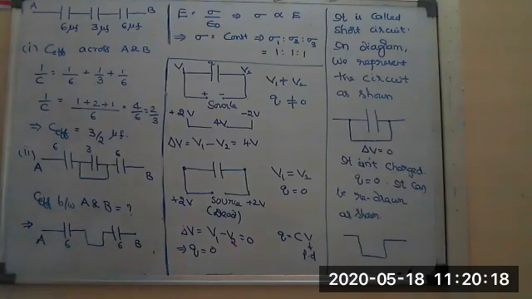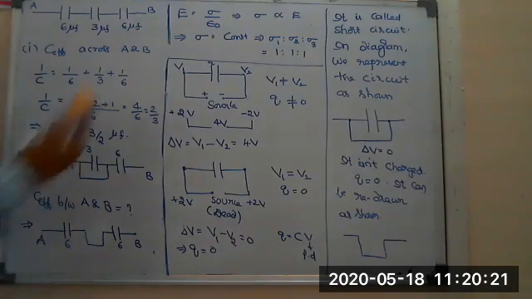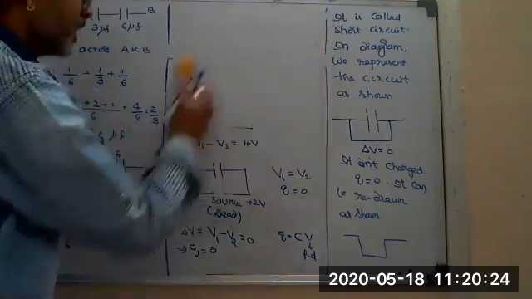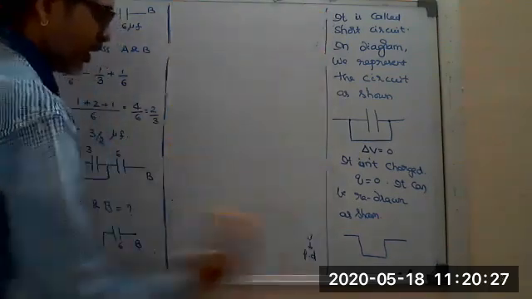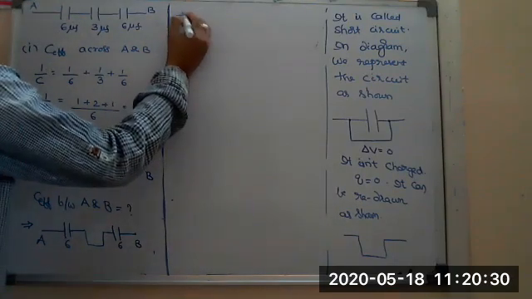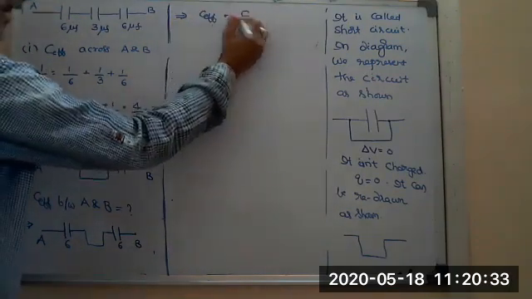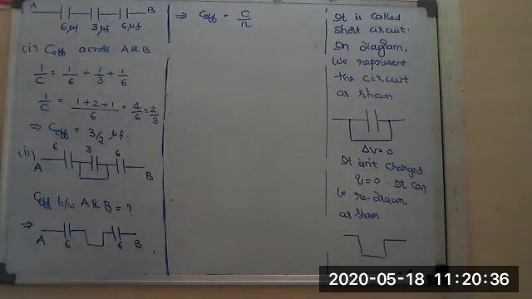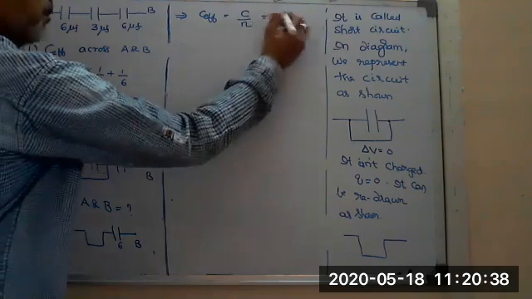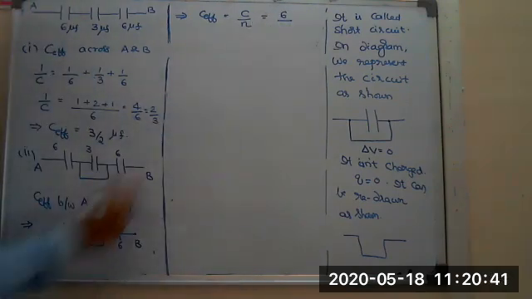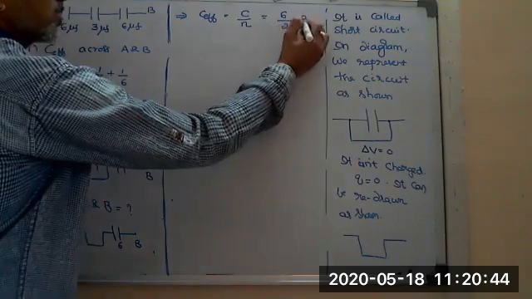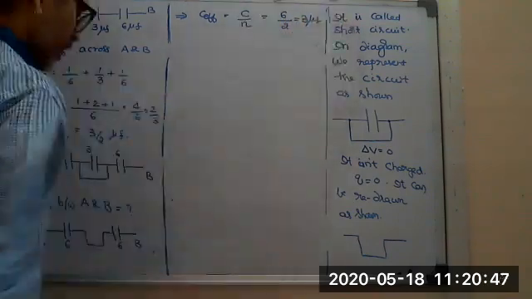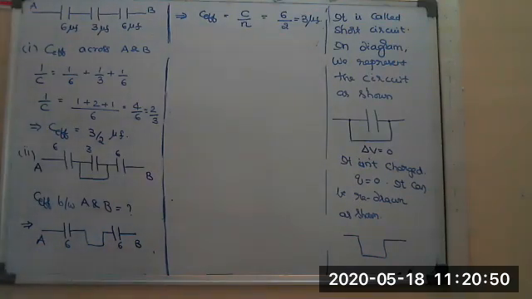Those two identical capacitors in series grouping: C effective equals C by N if they are identical. So C is 6 by N, with the number of capacitors 2. 6 by 2 equals 3 microfarad. Look, the circuit appears like a series, but just one capacitor is short circuited, and the total answer has changed after solving.